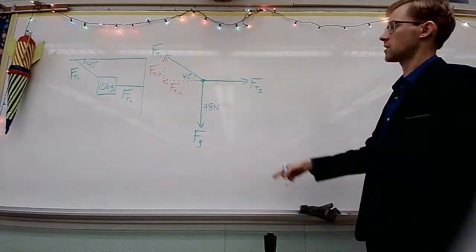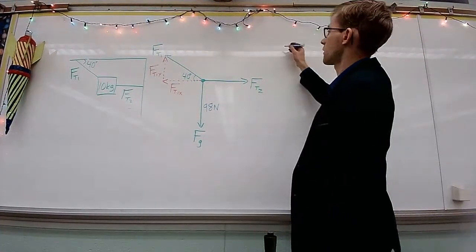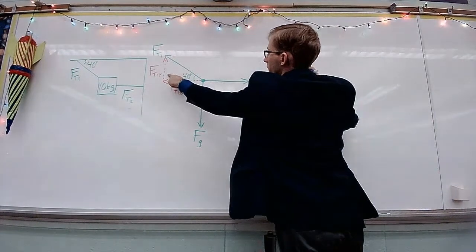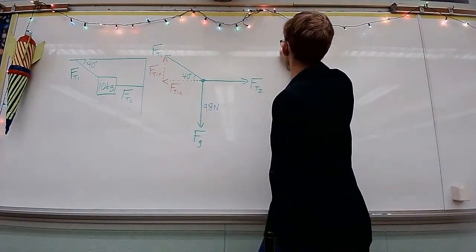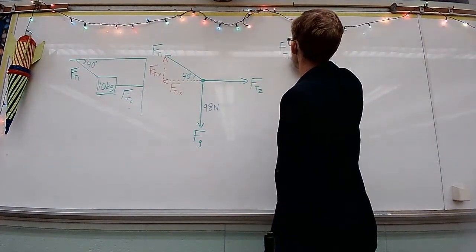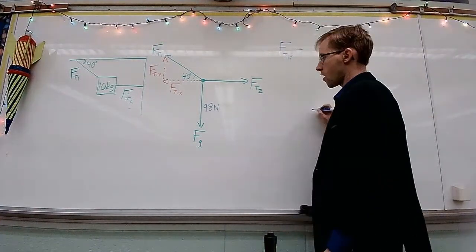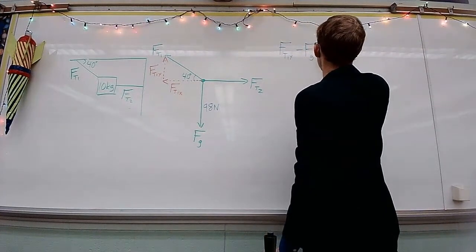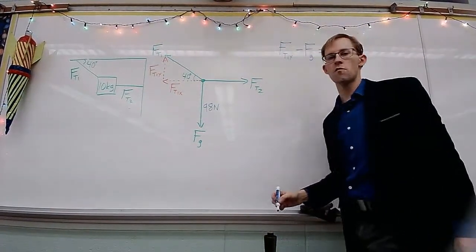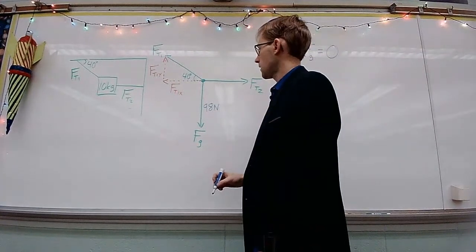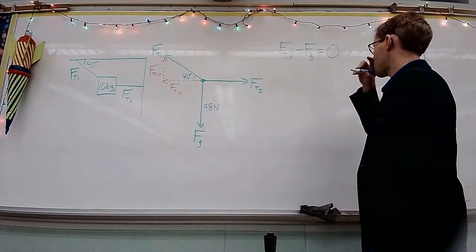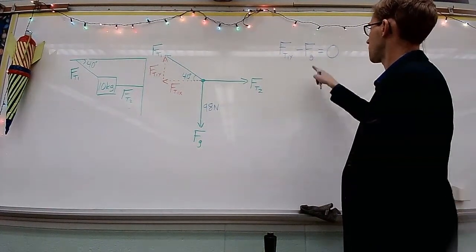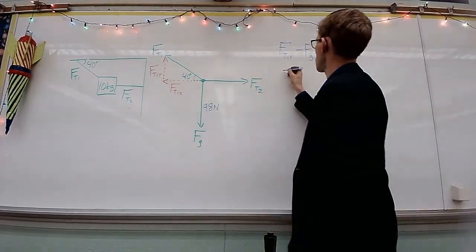So let's think of this vertically here then. Vertically, for our force equation, going up, we've got tension 1 in the y direction. Going down, we've got force of gravity. And those are the only two vertical forces acting here. So, if I want to solve, I'm going to put force of gravity on the other side of this equation.